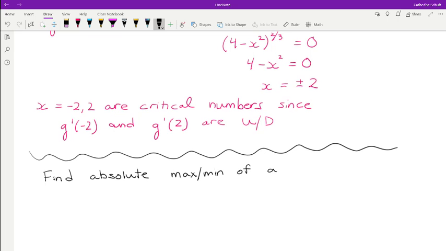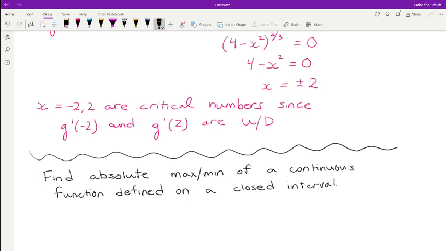Of course, on a continuous function defined on a closed interval. Remember, that's the only time absolute max and min is guaranteed for a continuous function on a closed interval. So again, everything's relating back to that definition.